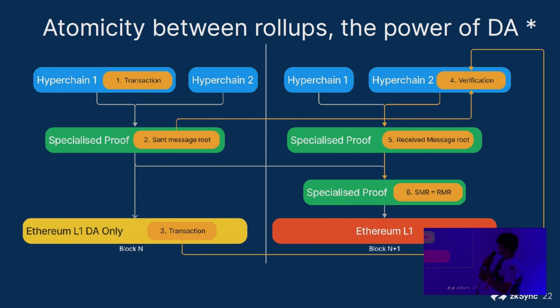And if the blocks for each hyperchain are generated at the same frequency, then the sent message routes and the received message routes can be compared. And they have to be the same. And if they are the same, then that means that all sent transactions are also received. So the hyperbridge is atomic.